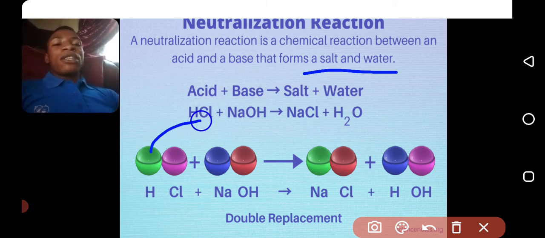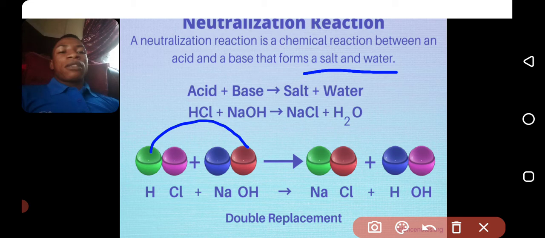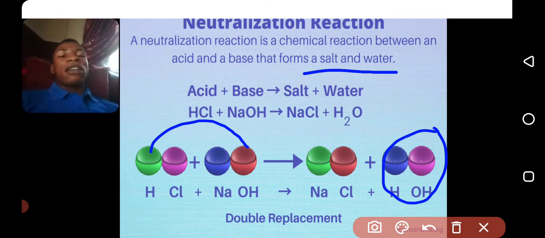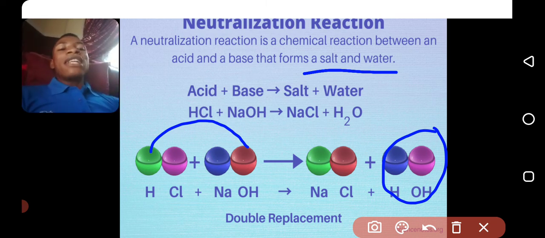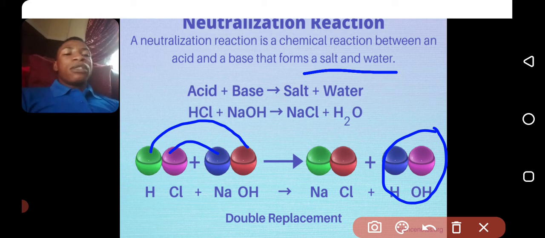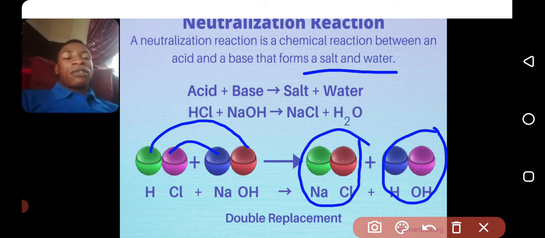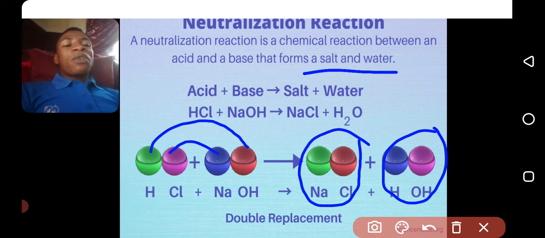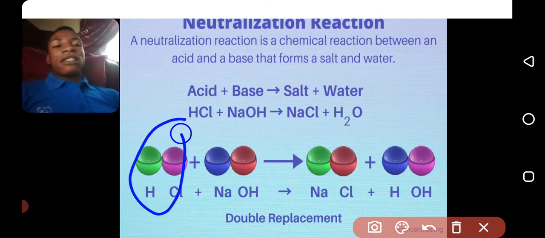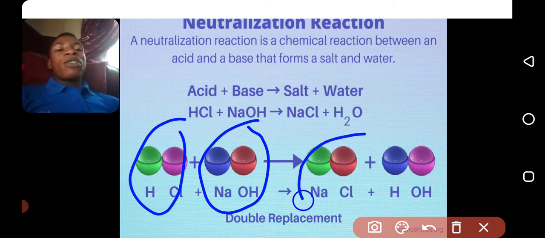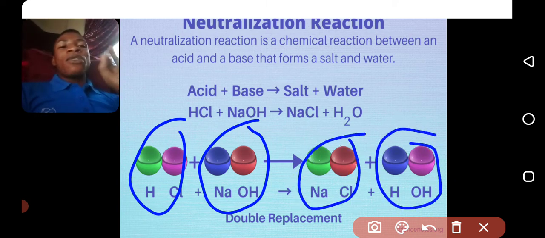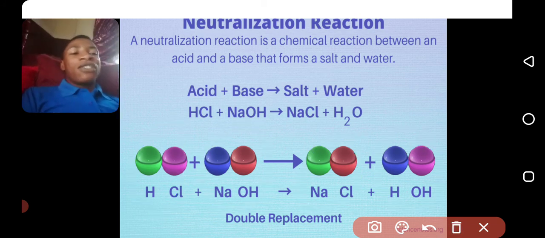The H picks the OH to give us HOH, which is water, H2O. And the Na picks the Cl to give us NaCl, a salt. So that reaction in which an acid reacts with a base to form a salt and water is known as a neutralization reaction.